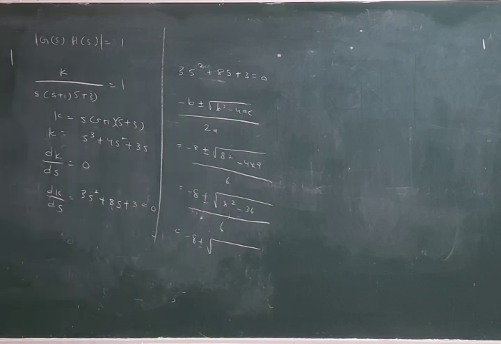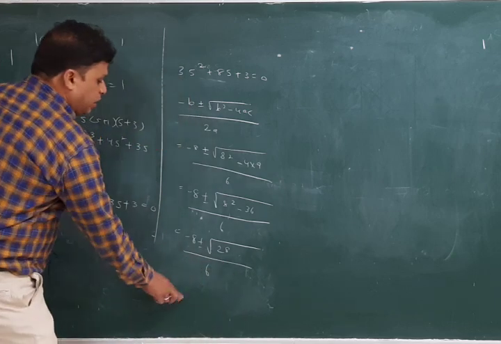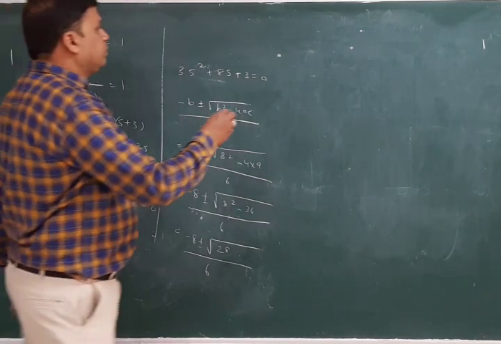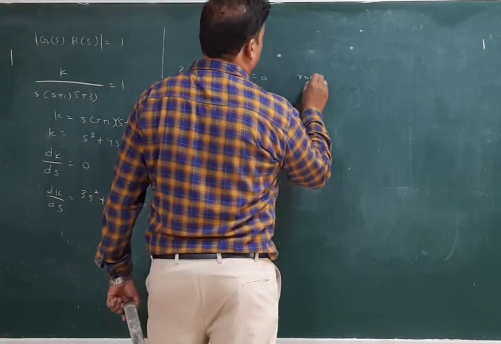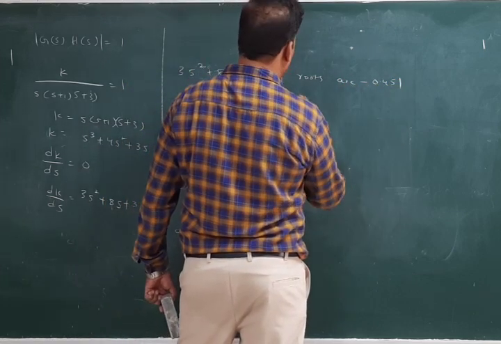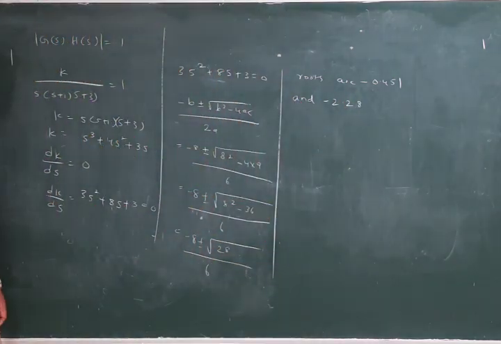So you will get minus 8 plus or minus square root of 28 by 6. The roots of this equation are minus 0.451 and minus 2.28. So these are the roots of this particular equation.